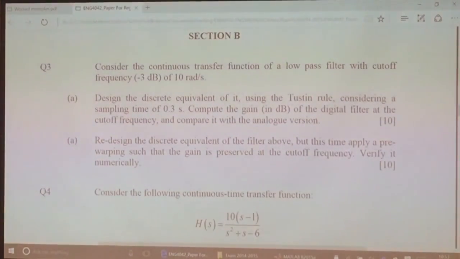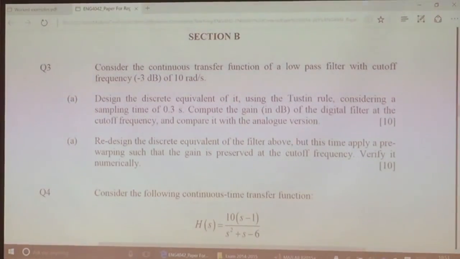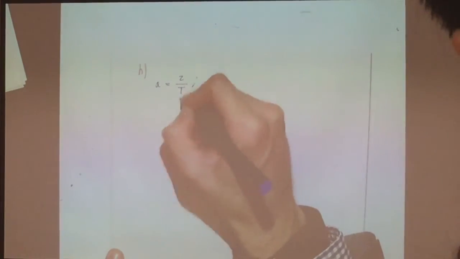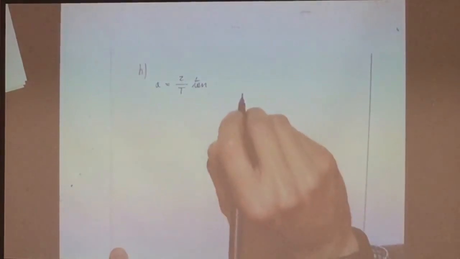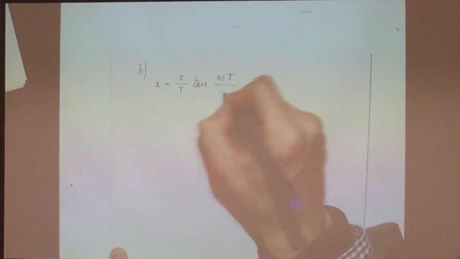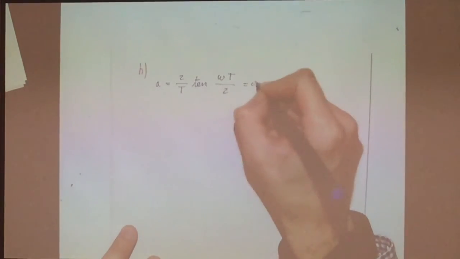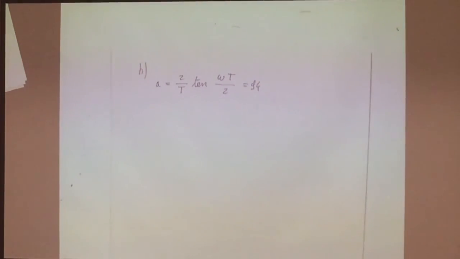So for the pre-warping, first of all, you need to calculate the pre-warping frequency, which I call A, and is A equal 2 over T tangent of omega T divided by 2. This is 94 if you want the numbers.